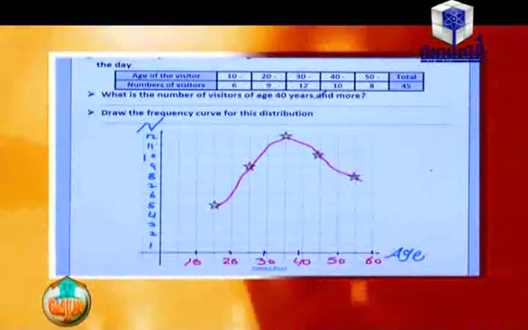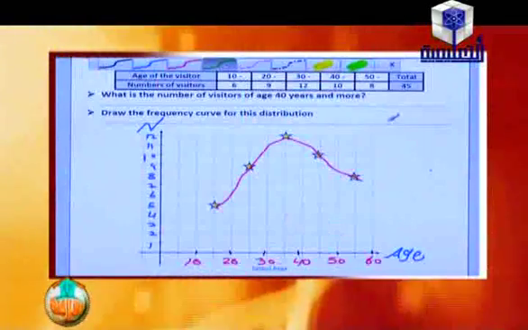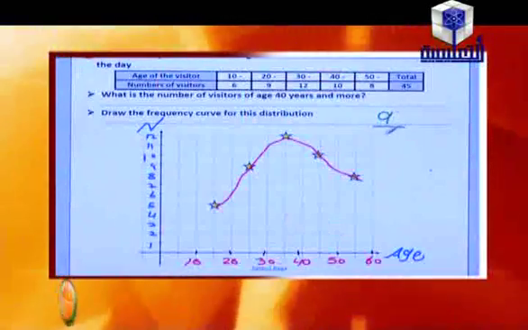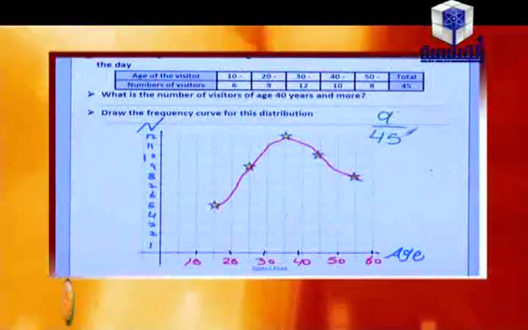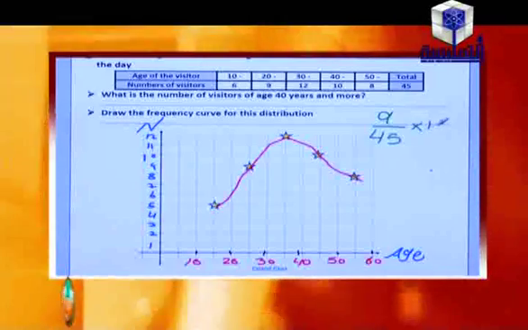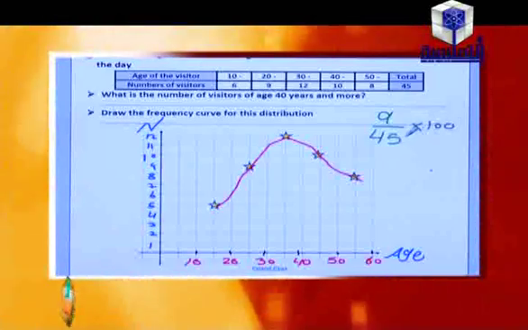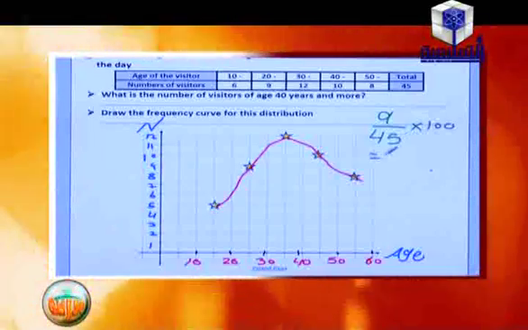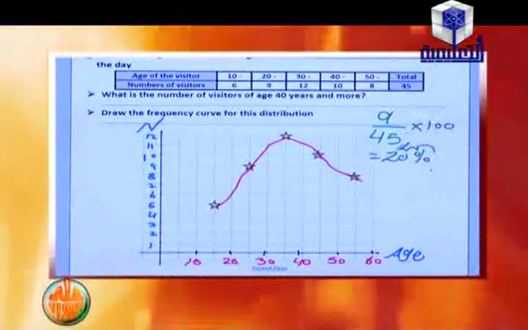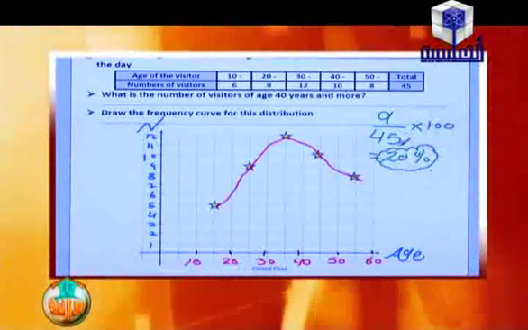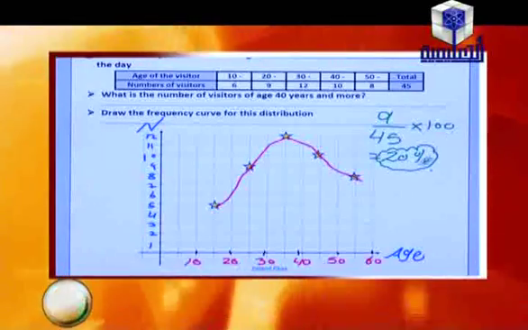To convert 9 visitors to a percentage, as usual, we make parts over total times 100. Then we have here 9 visitors over 45, which represents the total number of visitors, multiplied by 100 to convert it to a percentage, which equals 20%. Then here we have 20%, their age between 20 and 30 years.